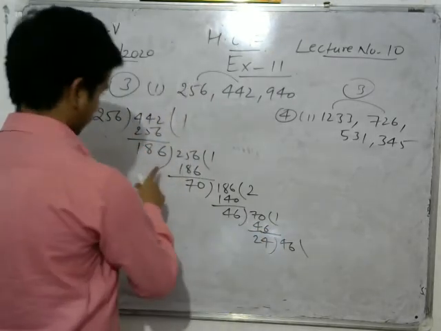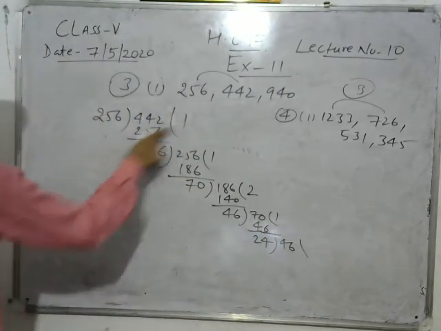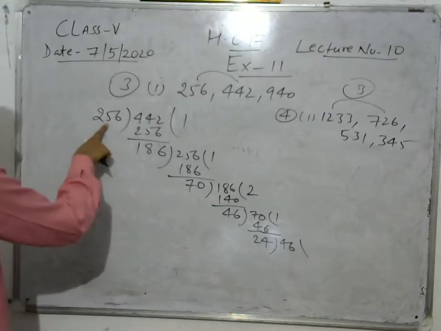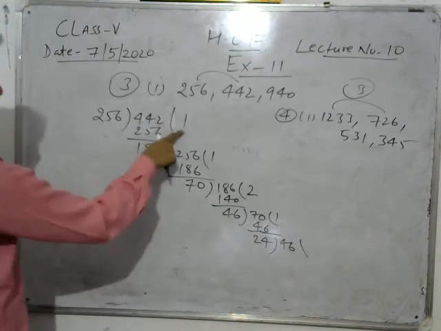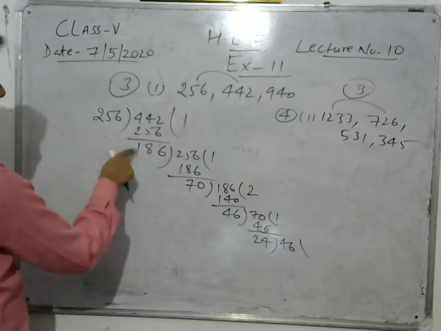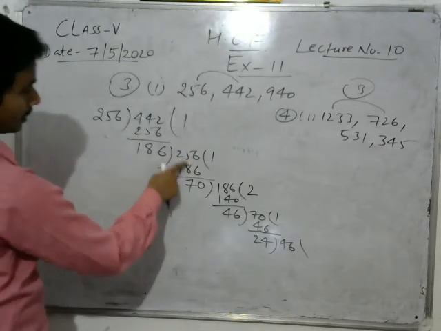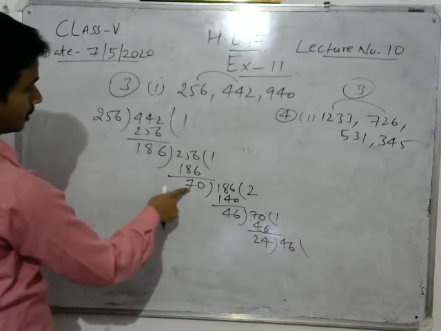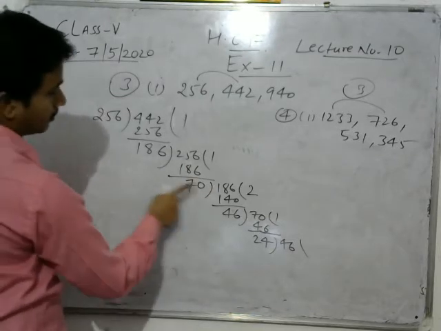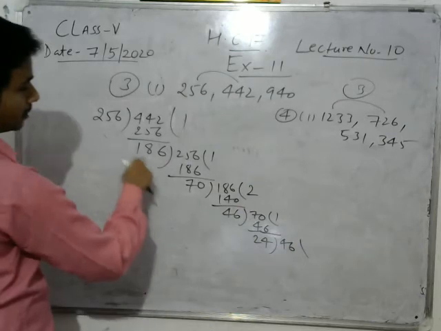Again we keep on dividing the remainder with the previous divisor. Divide, and whatever remainder you get, you divide with the previous divisor. Previous divisor was 186.